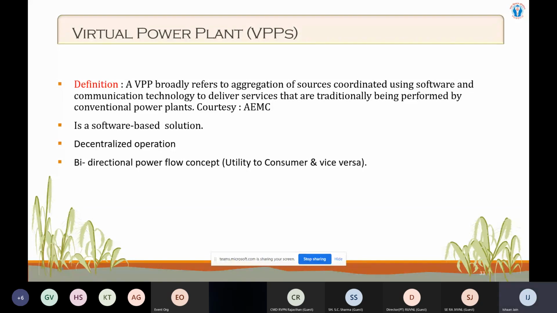Basically it's a small computer or small office from which it is all managed. It does not have any power plant setup; it's a software based solution. Any private party or aggregator can enter this arena.